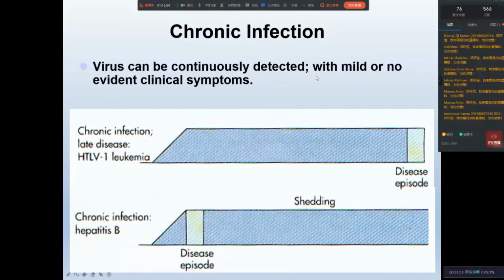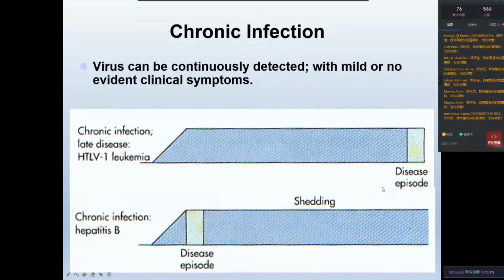Then when we are getting old, our immune system is not strong enough. The virus might infect us from inside, from neurons, then to our skin. And this time, it causes a disease called zoster. It's a line. That's a zoster line. And this is the second episode of disease. And this zoster is very painful.